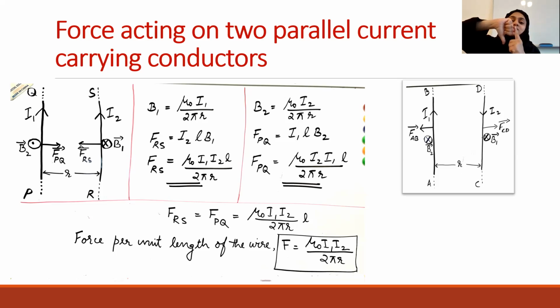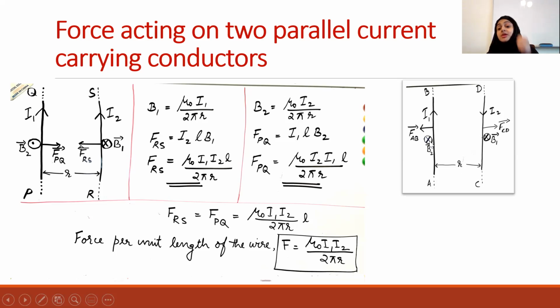So when I take to the left, I can see that it is going into the screen. So I have put here B2, that is the magnetic field produced by wire CD having a current I2. B2 is pointed into the screen.